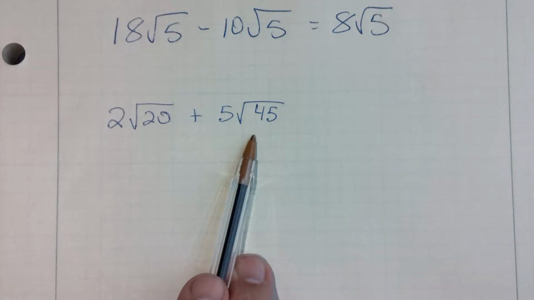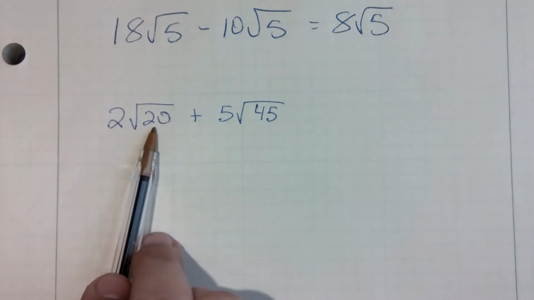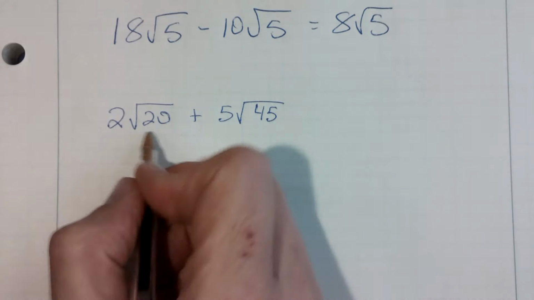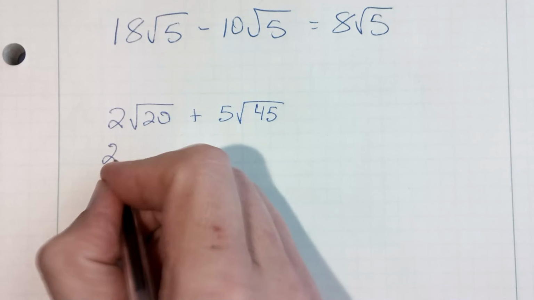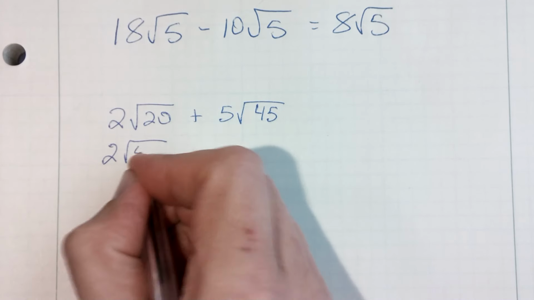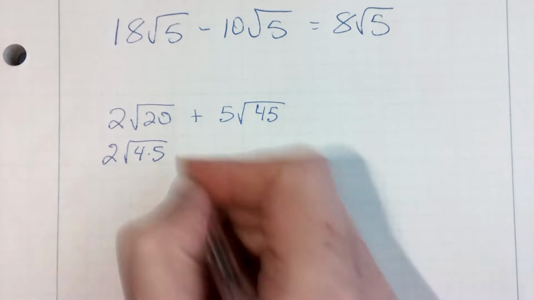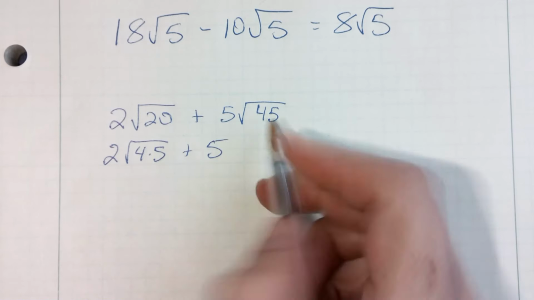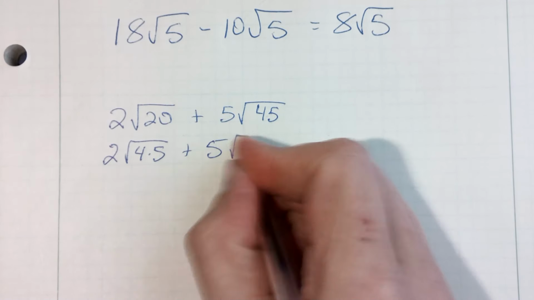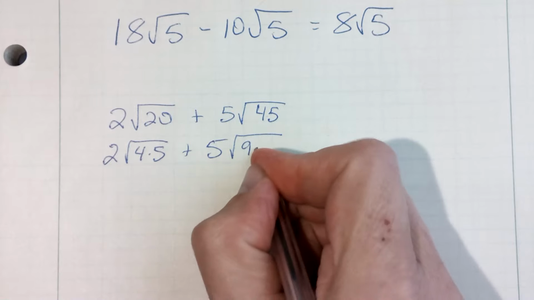But remember, we might be able to reduce the root itself, thinking of that 20 as the square root of not 20, but 4 times 5, right? Thinking of the square root of 45 as not 45, but the square root of 9 times 5.